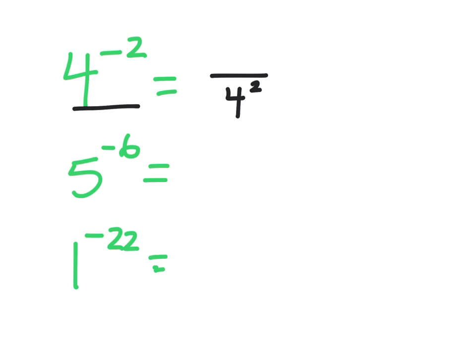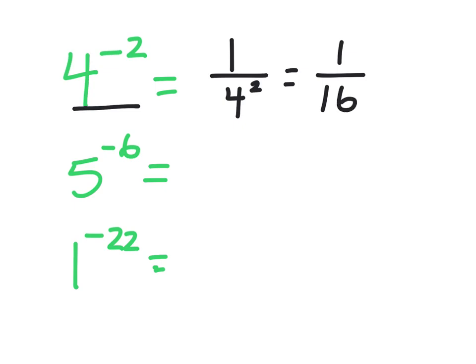It doesn't tell me to make it negative, it tells me to push it to the denominator. And once I do that, the exponent becomes positive. So 4 to the negative second is the same as 1 over 4 to the second, which is 1 over 16.